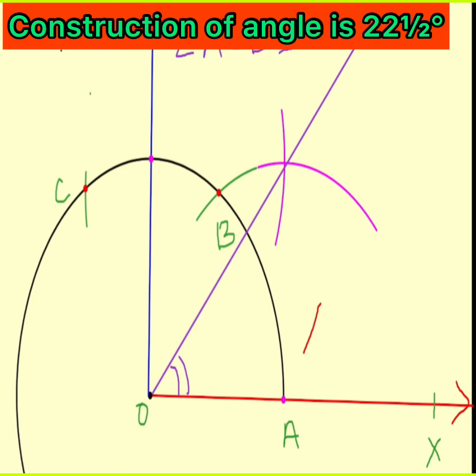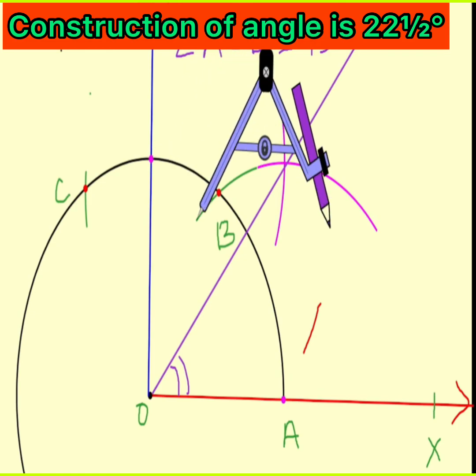Now, how can you construct angle 22.5 degrees? You know the half of 45 is 22.5. So again we will draw the bisector of angle 45 degrees. What are the steps?